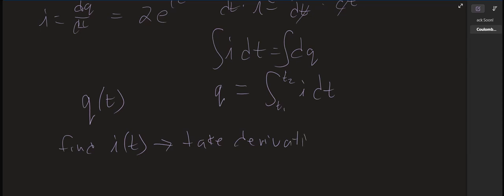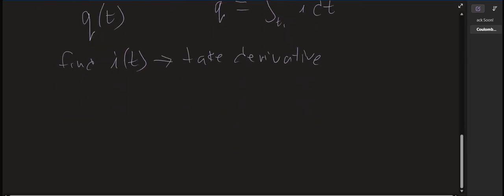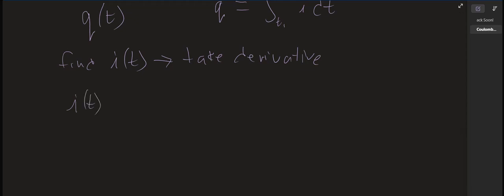I don't want to say that's always the case, because there's another thing that could be true. If you have I of T and want to find charge, you would integrate.